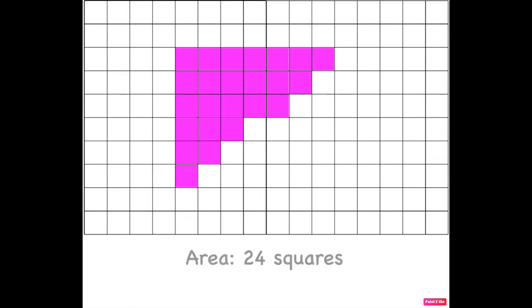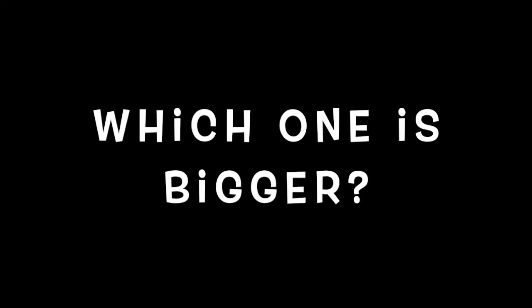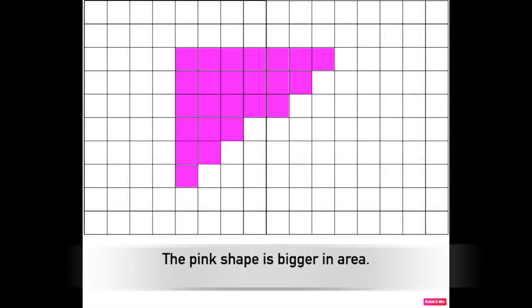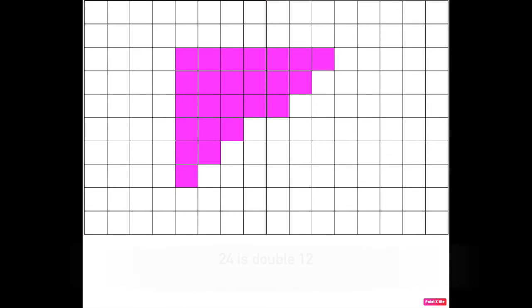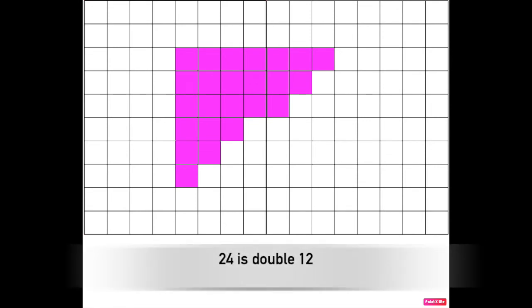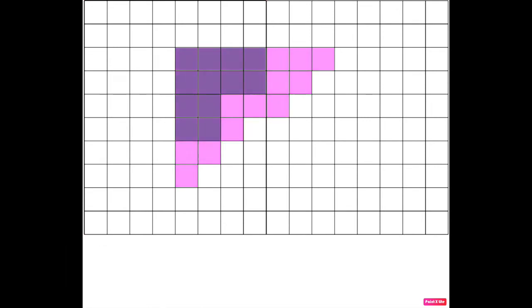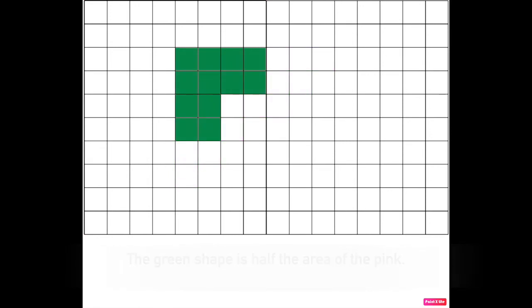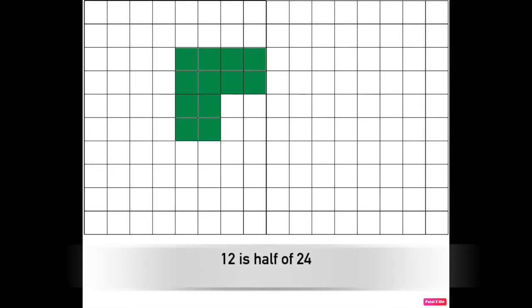Good. 24 squares. Now which one is bigger? Well done. The pink shape is bigger in area than the green shape. It's actually double its size because 24 is double 12, which means the green shape is half the area of the pink shape because 12 is half of 24.